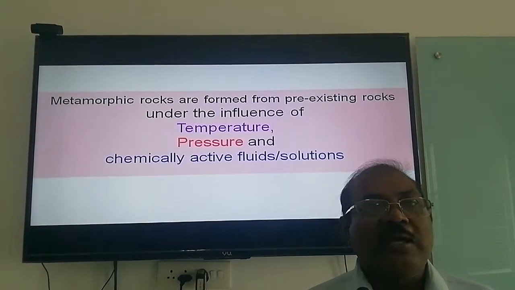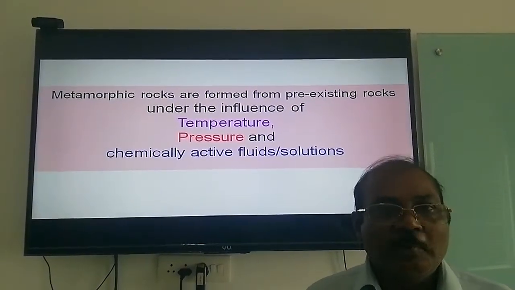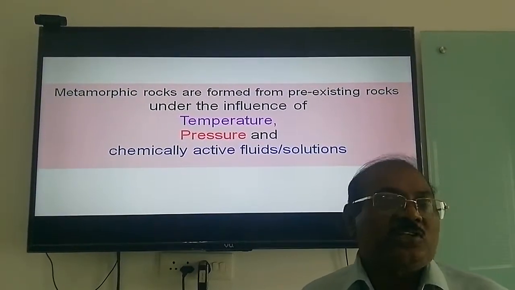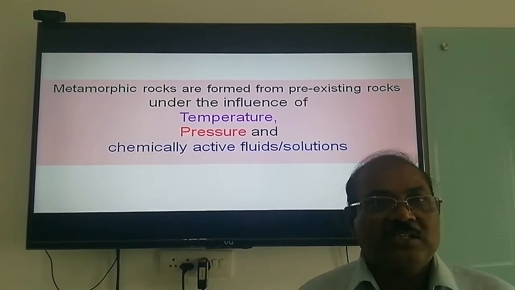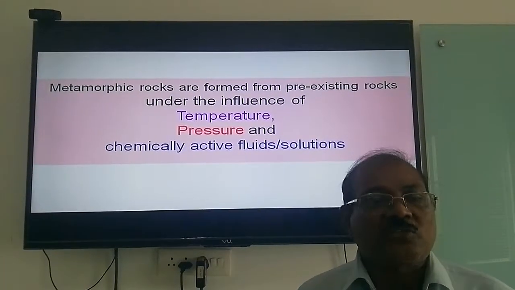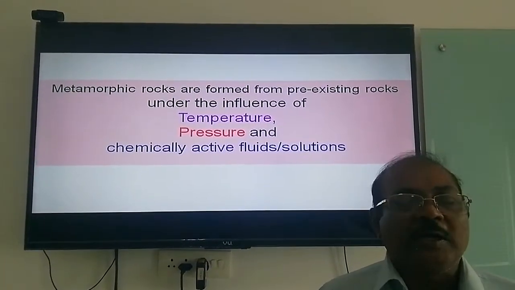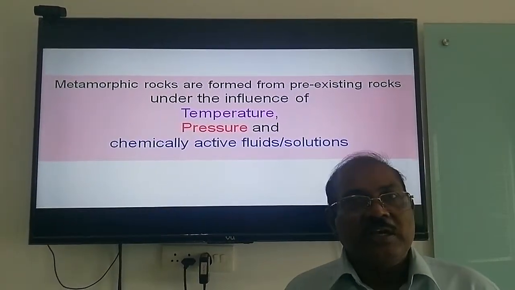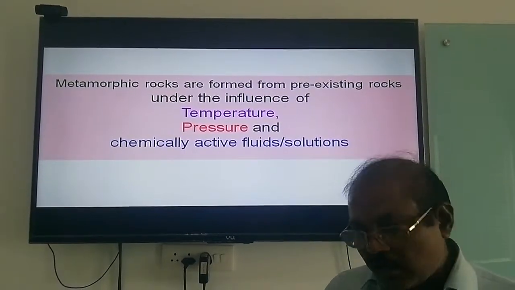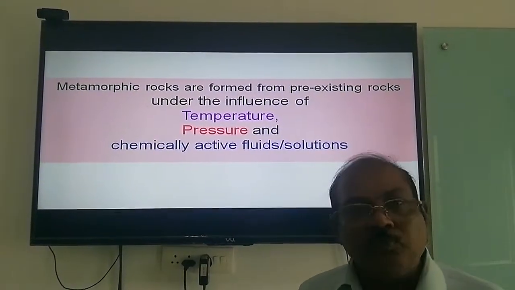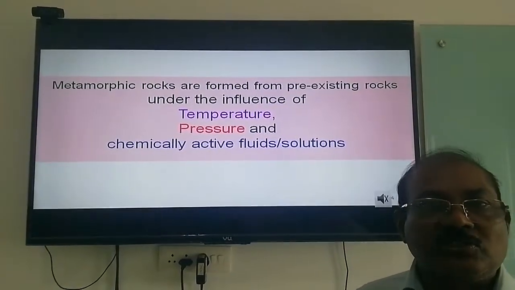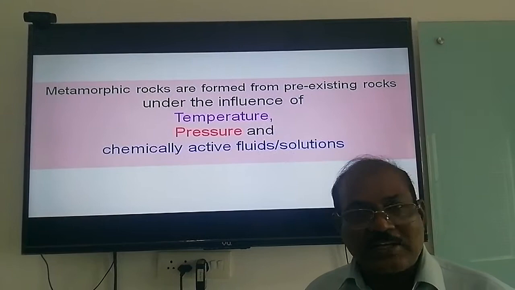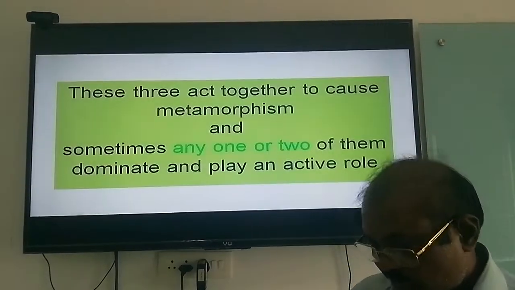From the solidification of magma, igneous rocks form first. From the igneous rocks, sedimentary rocks form. Then third, metamorphic rocks are formed from the pre-existing rocks, under the influence of temperature, pressure, chemically active fluids or solutions.